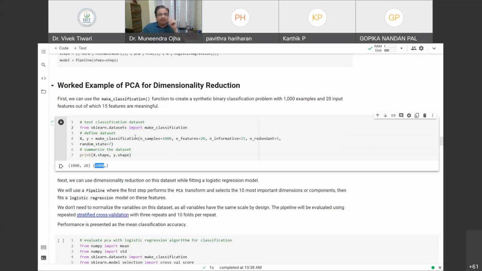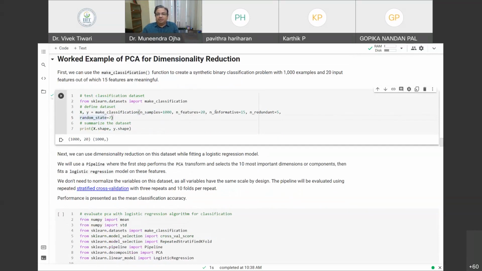And how do we create this data? Number of samples equal to 1000, number of features equal to 20. Number of informative features is 15 and 5 are redundant features. Using the make_classification function defined in scikit-learn, we can create a random dataset. So this is the shape of this dataset, and you see the number of informative features has been selected to be 15 and redundant features 5. So ultimately 15 are the features to which I want to reduce my dataset.